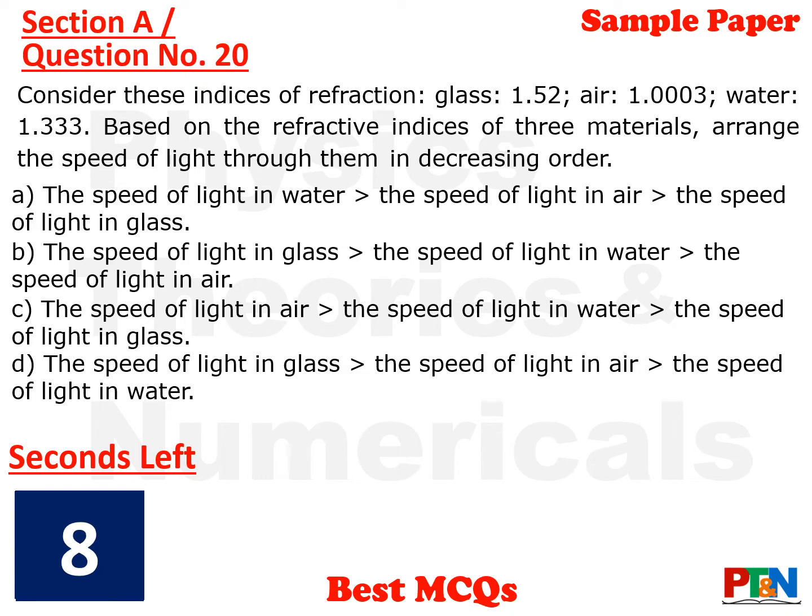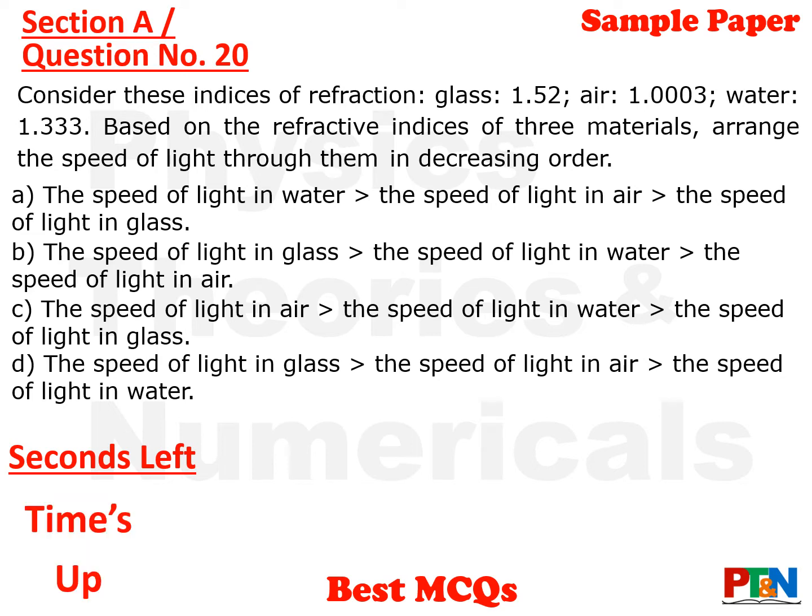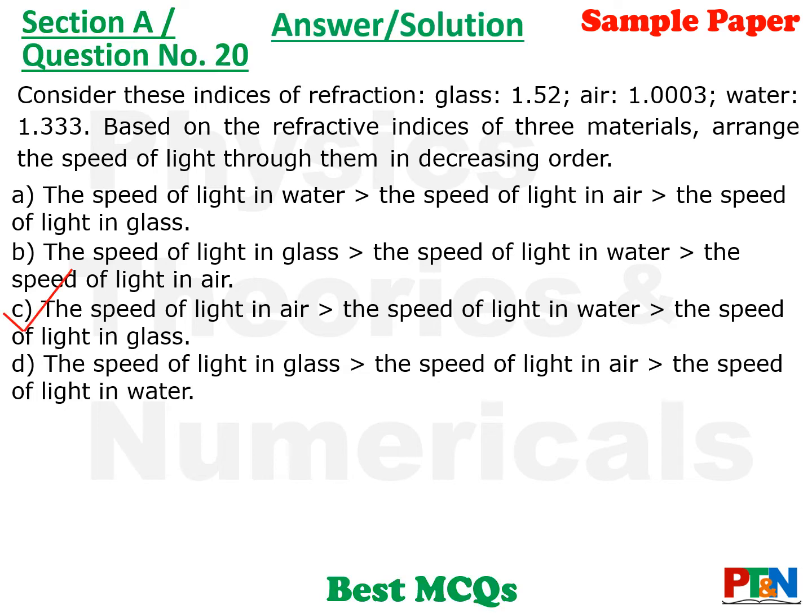In case you require more time, do take your time, pause the video, get to your option and come back to the video. Time's up. Let's see the answer. Answer is option C. If the refractive index is more, the speed of light in that is less. So the speed of light will be maximum in air, then water, then glass. So the sequence is air, water, glass. That is option C.